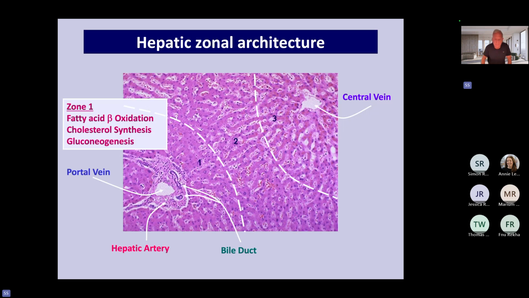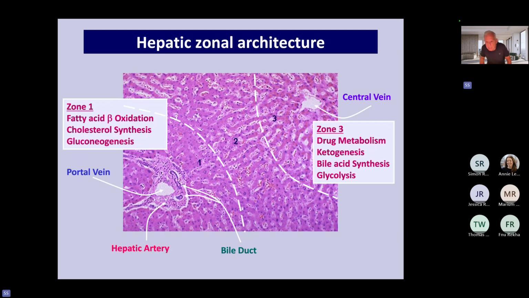In zone 1, we have the processes of fatty acid beta oxidation, which requires oxygenation, cholesterol synthesis, and gluconeogenesis. So a lot of your synthetic pathways take place here in zone 1. In zone 3 is where drug metabolism, ketogenesis takes place.